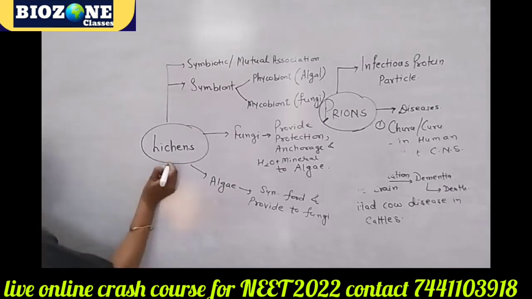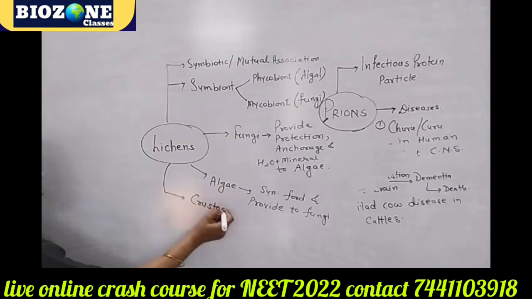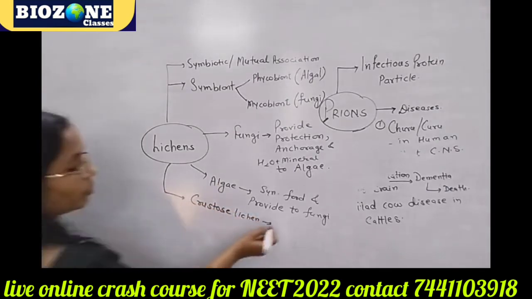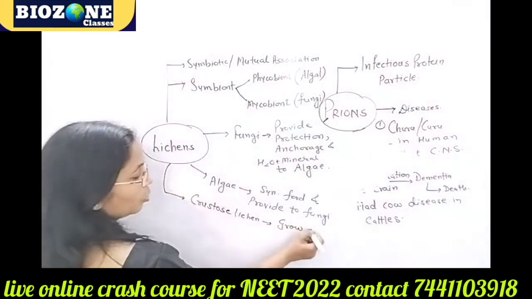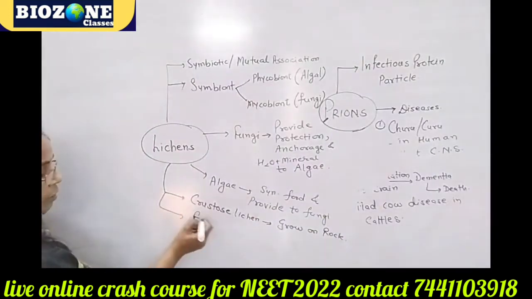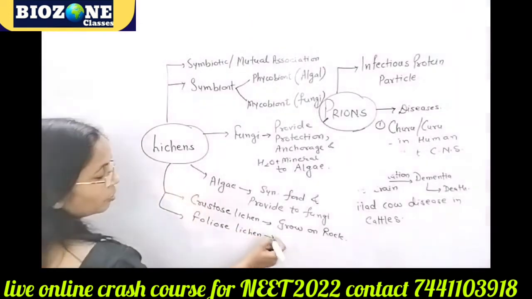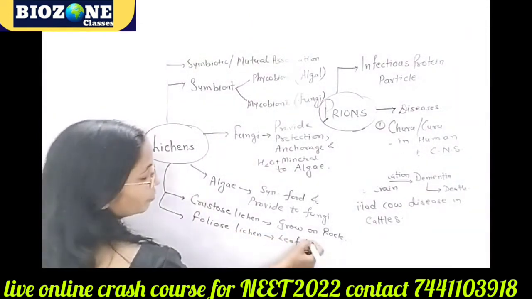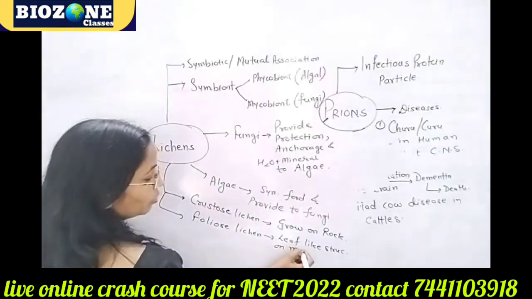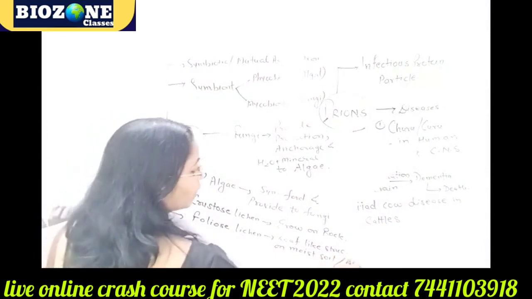Now lichens, for lichens one word is used: crustose lichen. So crustose lichen means when it grows on rock. And second, foliose lichen, leaf-like structure on moist soil or bark of the tree.